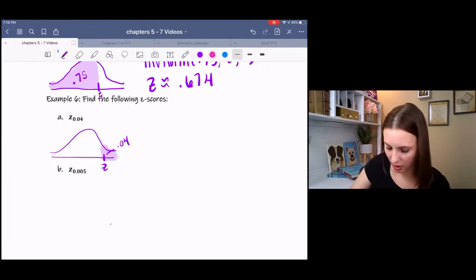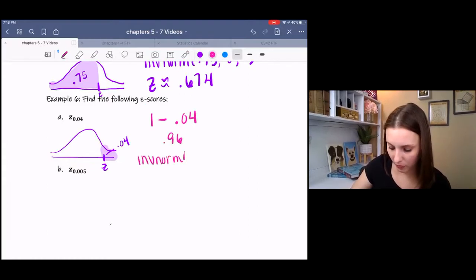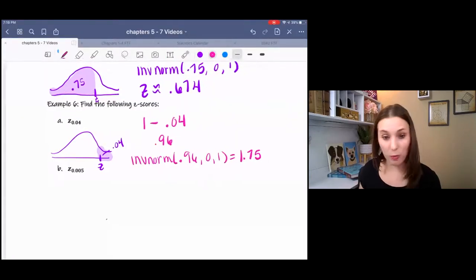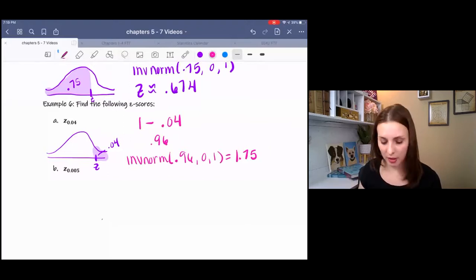So that's going to be 1 minus alpha, which is 0.96. So I'm going to do inverse norm of 0.96. And if you want, pause it and try to find that. You should get 1.75, which makes sense because it's over here in the positive.